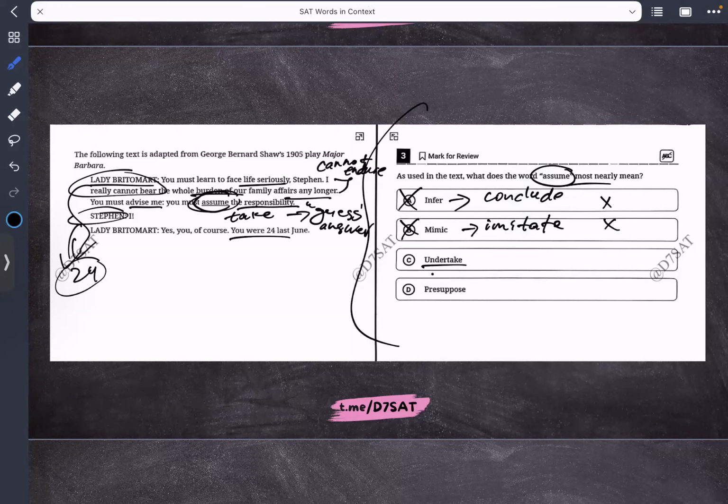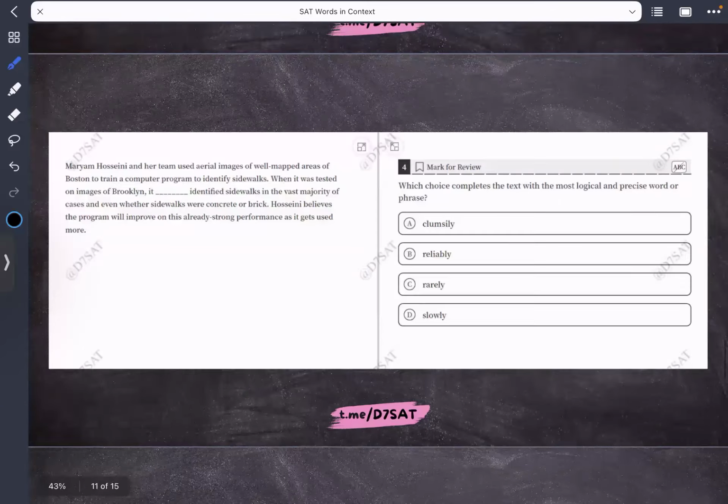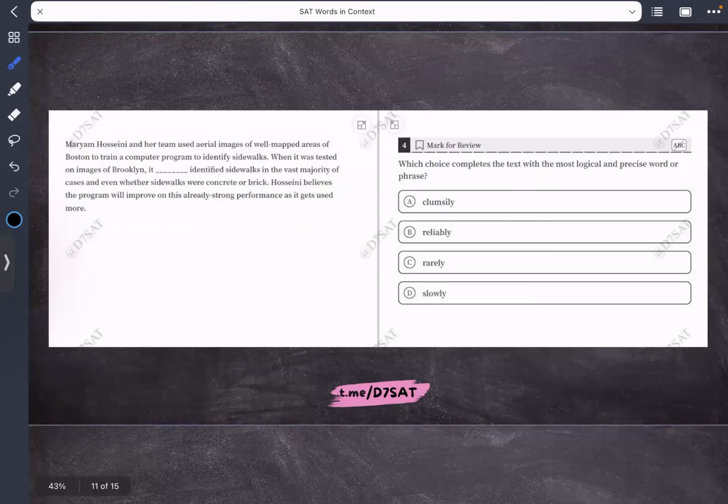"Presuppose" has the prefix "pre-," so it might mean having the idea before the occurrence of something. This is also out, and the correct answer in this case is "undertake." Hope you got it correct, so that we can move on to the next one. You can also pause the video here, and then I'm going to explain it right now.